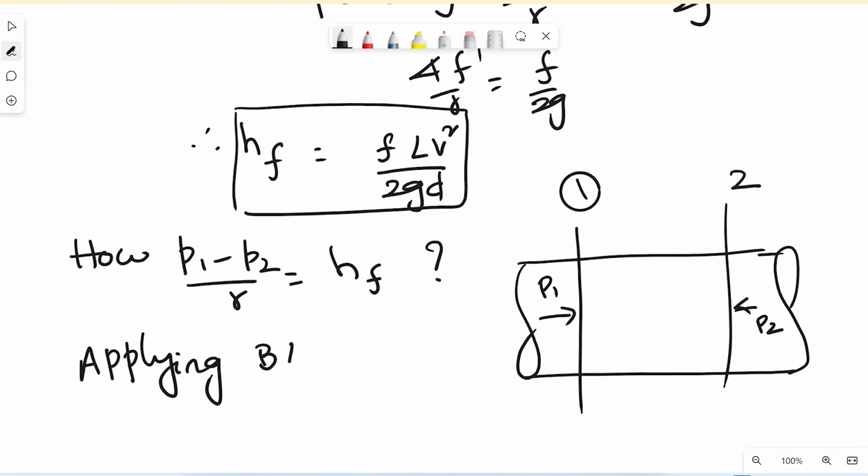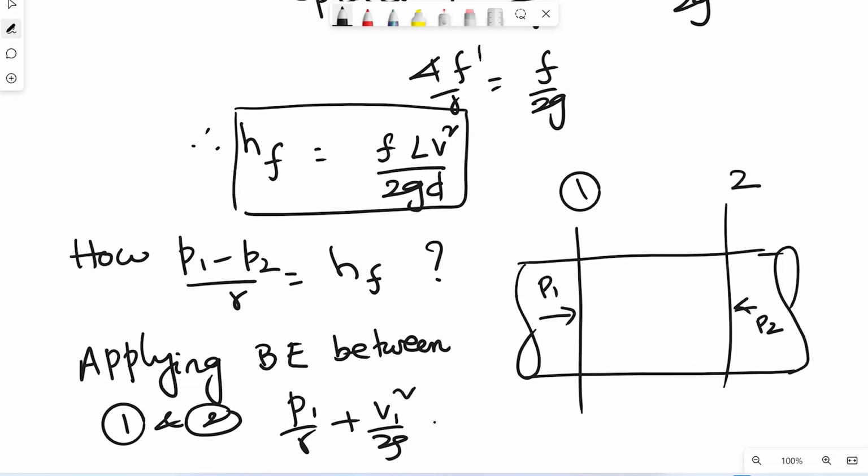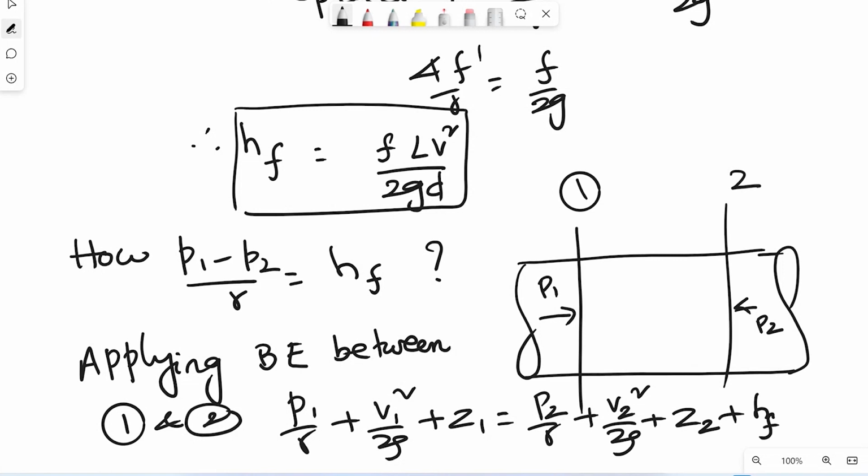Applying Bernoulli's equation between 1 and 2: P1 by gamma plus V1 squared by 2G plus Z1 is equal to P2 by gamma plus V2 squared by 2G plus Z2 plus HF. And this diameter is D.